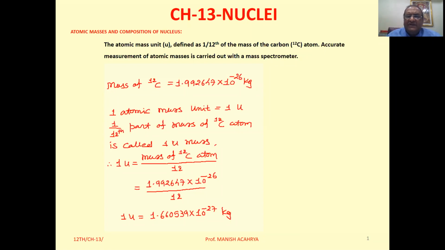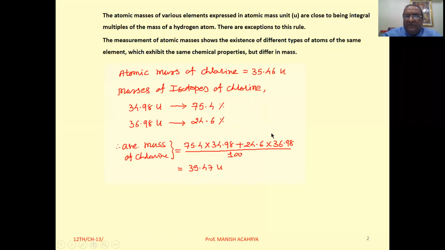Suppose we take one simple example of chlorine. The mass of chlorine is 35.46 u. It is not an integer multiple of the mass of hydrogen atom. But chlorine has two isotopes, with different composition in the formation of chlorine.